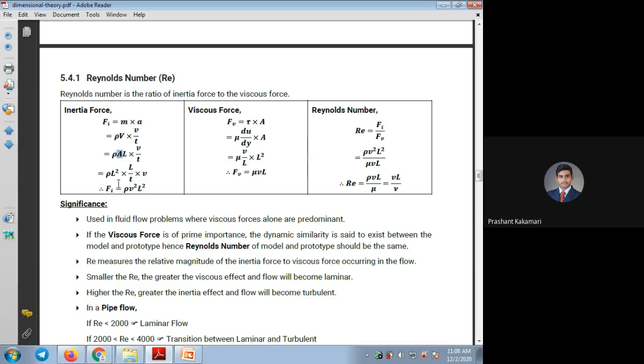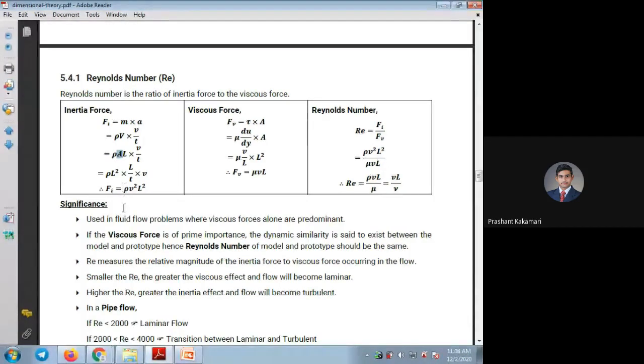So I can write the inertia force as rho V square into L square.